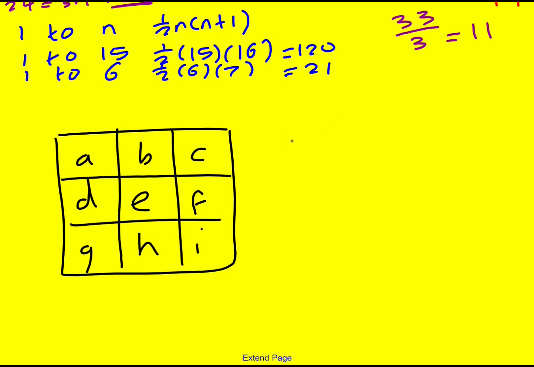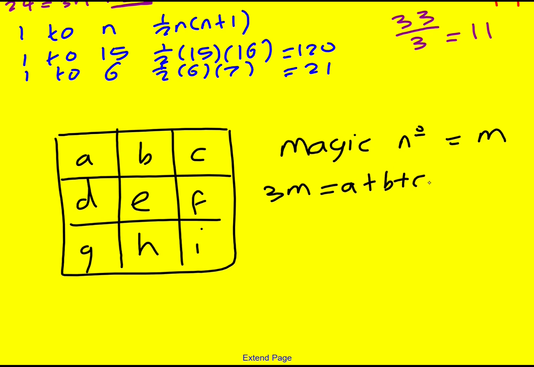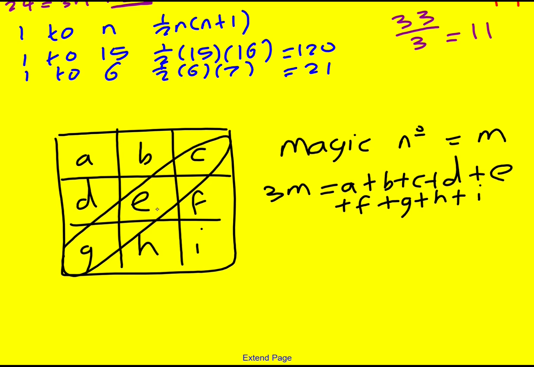Now I know the magic number, which I'm going to call M. I know that 3M, 3 times the magic number, is just going to be all of them added together. But another way of working out the magic number is to go along the diagonals.